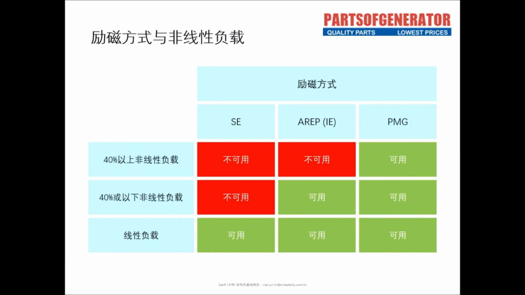At this point, we want to introduce this nonlinear load. The so-called nonlinear load means that when we apply a certain voltage to the load, its current is not proportional to the voltage. Such a relationship is not a proportional relationship.